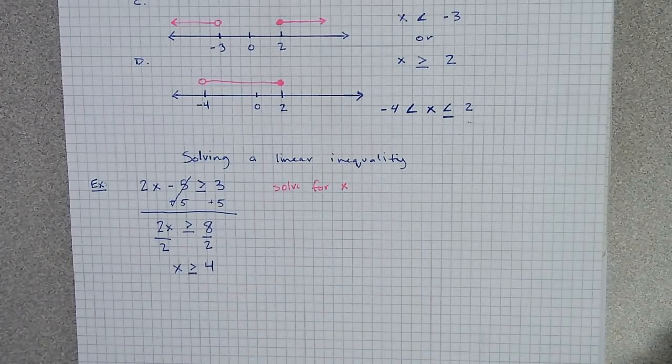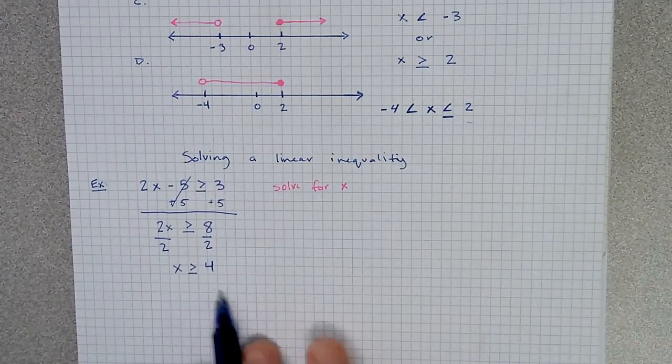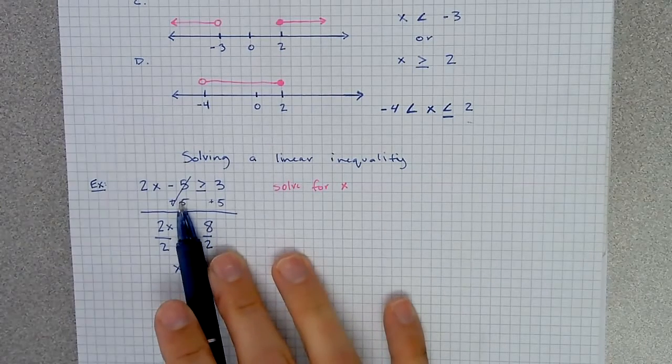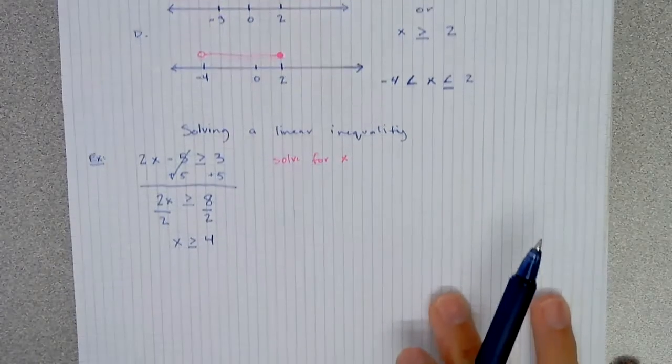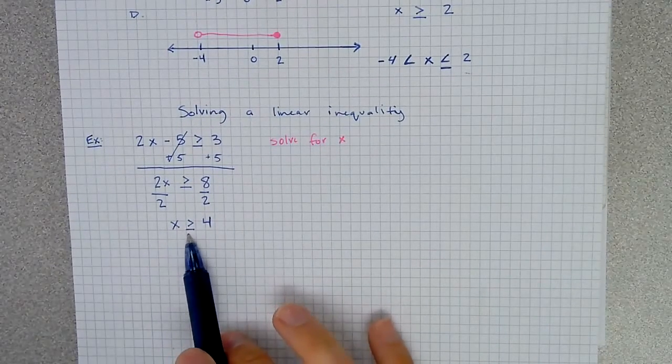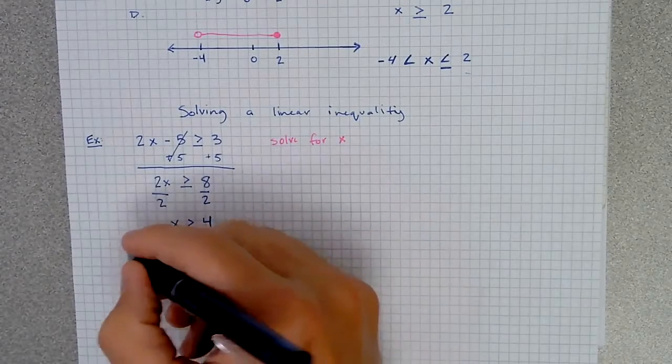And we're going to get x is greater than or equal to 4. All right, so what that means is all numbers greater than or equal to 4, we can plug into this original inequality, and it'll give us a true statement. So greater than or equal to 4, easy number to pick would be 5.